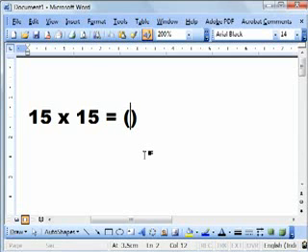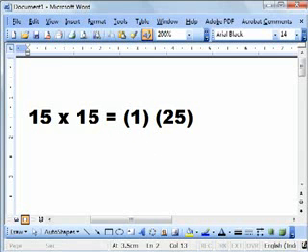Rule hint number 1: the second figure will always be 25. Right away we can write the last two digits will always be 25. Now how do we find the first part, that is the first digit?